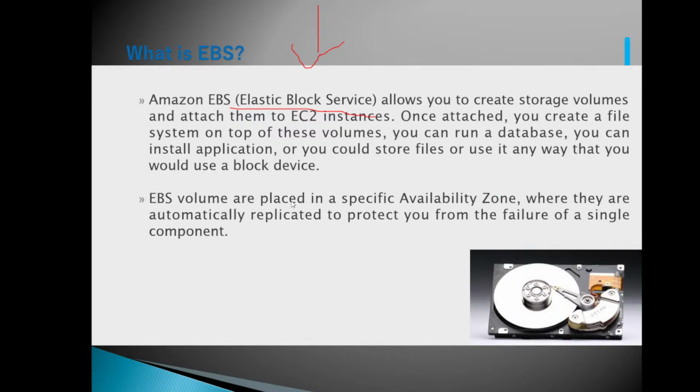EBS volumes are placed in a specific availability zone where they are automatically replicated to protect you from failure of a single component. Okay, I told you that EC2 machines are region specific as well as availability zone specific, right?